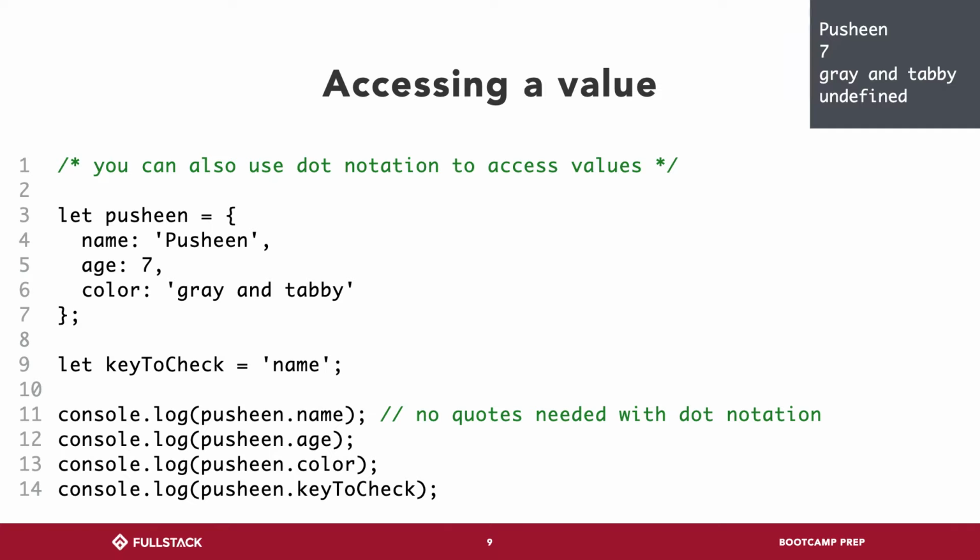Coercing is the wrong word, because key to check is not a data type, not like a Boolean that we're coercing to a string. It's just saying everything to the right is the key we're looking for. It doesn't matter if that is the name of a variable somewhere. We don't care about that, okay?